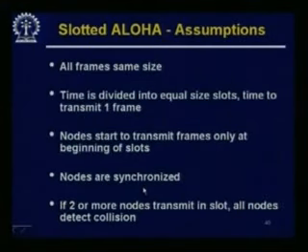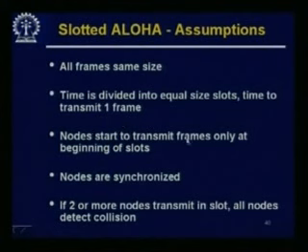In slotted Aloha, which has somewhat better performance, all frames are of the same size. Time is divided into equal size slots, where each slot is the time to transmit one frame. Now if the transmitters and receivers are synchronized, they try to send frames only at the beginning of a slot.